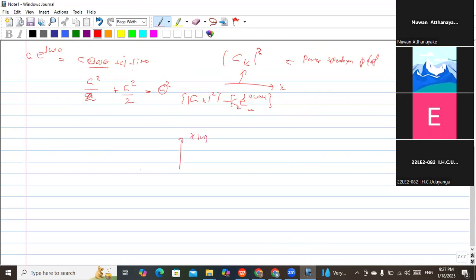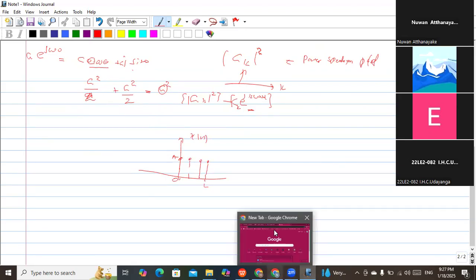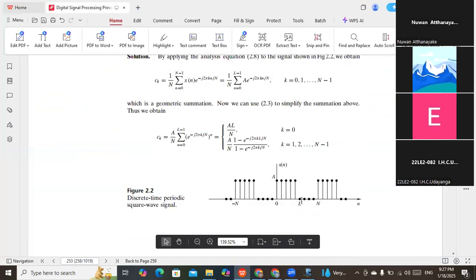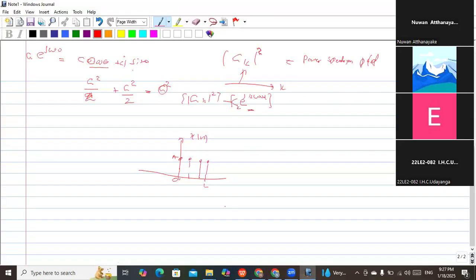Let's say we have A's from 0 to L minus 1, because this is L. So we have A's from 0 to L minus 1, this is L minus 1 and this is L. Then this is N, and the sample is repeating again, N plus 1.